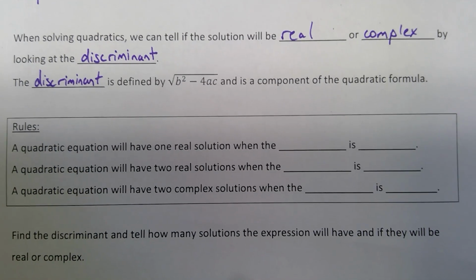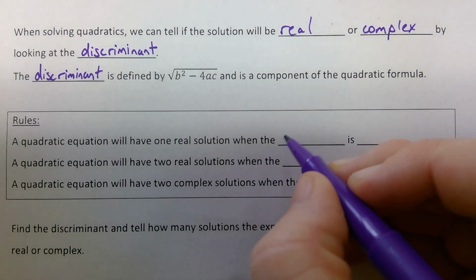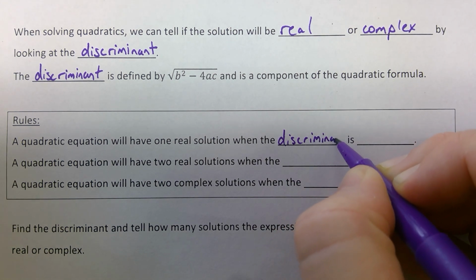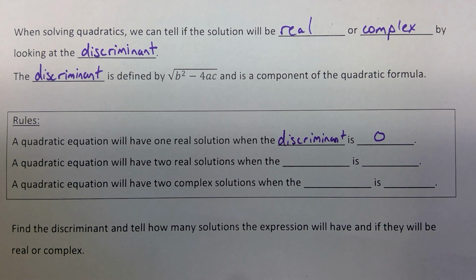A quadratic equation will have one real solution when the discriminant is 0. If we think back to inspection, we had x squared equals 0. That's the one time that we'll have one solution. We'll see those unique cases when there's just one real solution, and that's when our discriminant is 0.